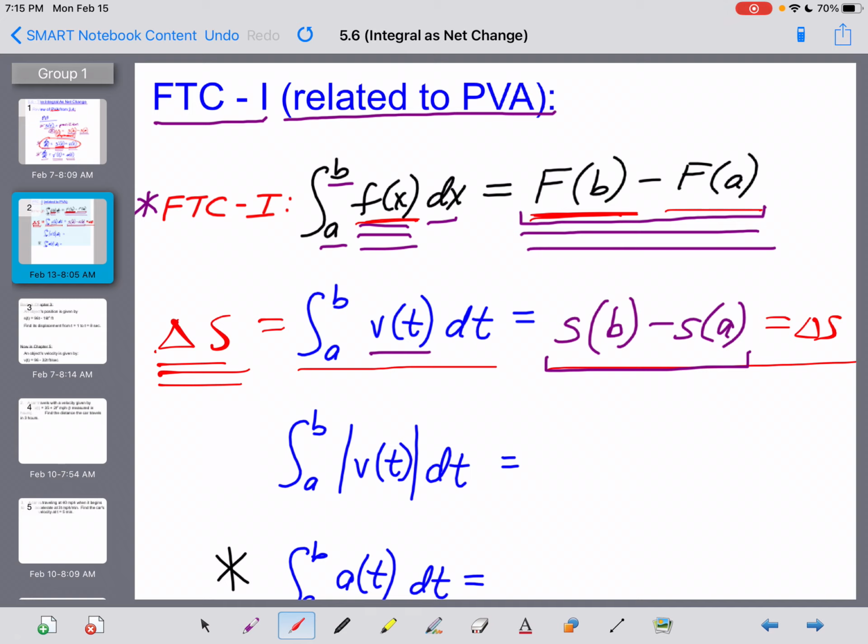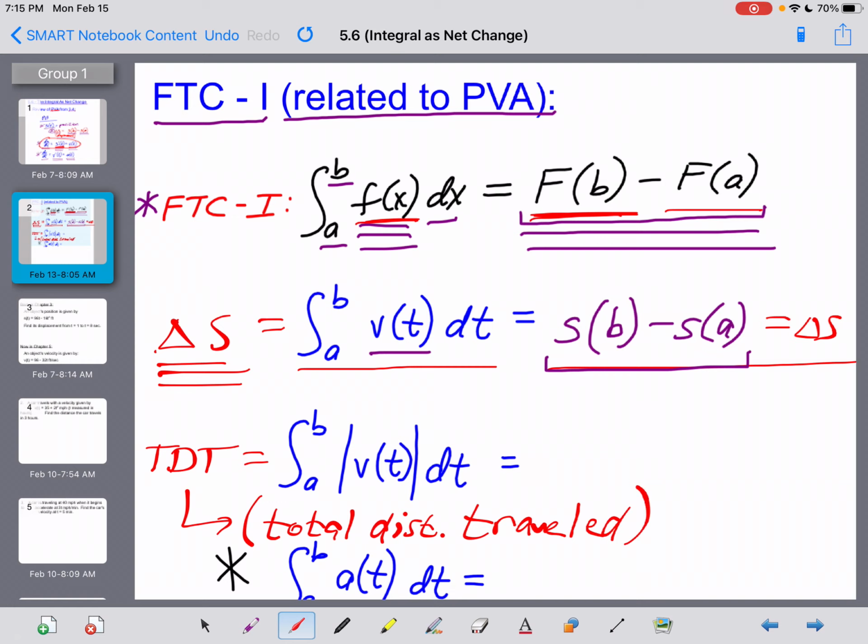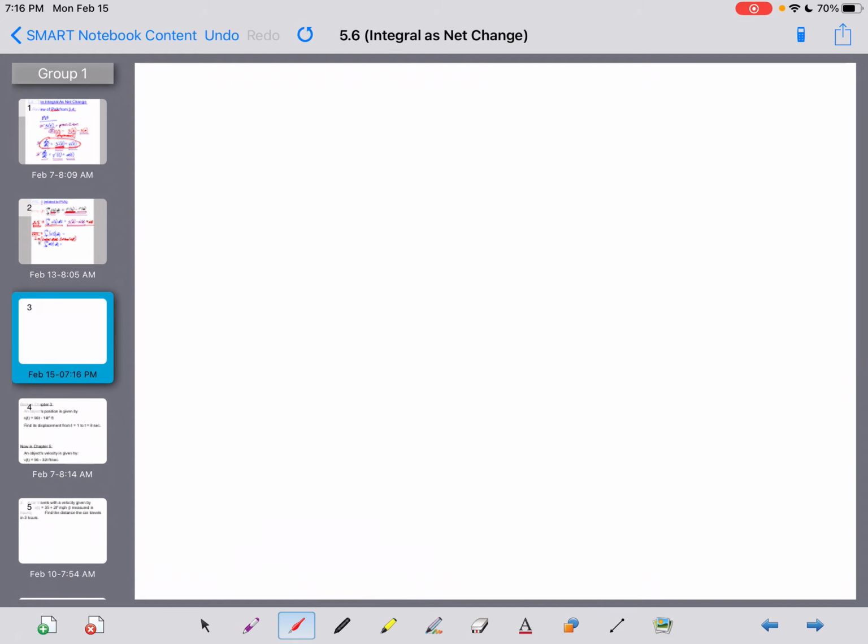This is the formula for what we call TDT, otherwise known as the total distance traveled by an object during a particular interval of time. And we will get into the difference between displacement and total distance traveled right now, because I'm not really sure there's a great example of this coming up.